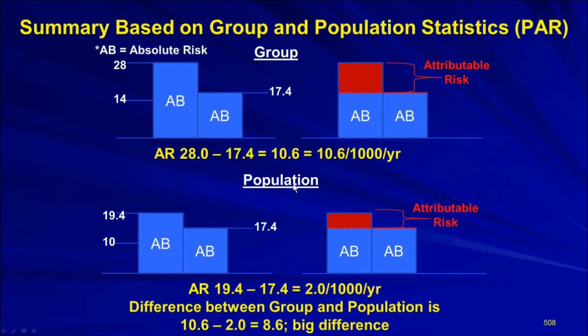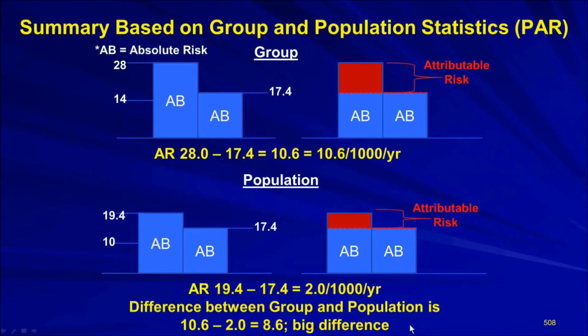When we look at the population, we had 19.4 versus 17.4. We came up with 2, so the attributable risk was 2, and this was 10.6. So we did the calculations here as we did the calculations here to come up with 10.6, and we'd already done this. So the difference between the group and the population is 8.6. So that's a big difference in terms of attributable risk.